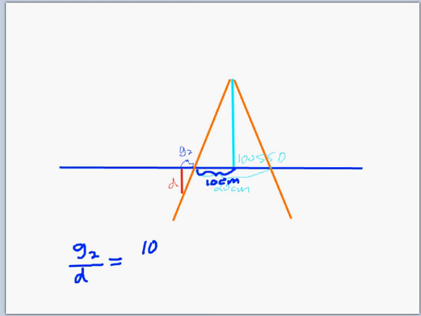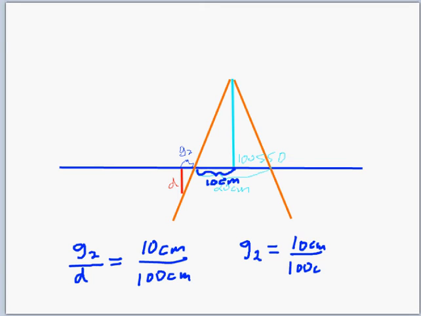Let's put that down here. So G2 is to D as 10 is to 100. Again, it's just similar triangles. Nothing to do with radiation, just a simple geometry problem. So hopefully you see that.